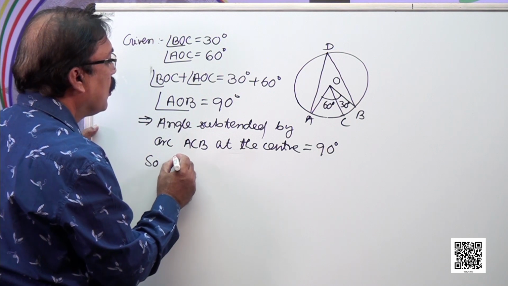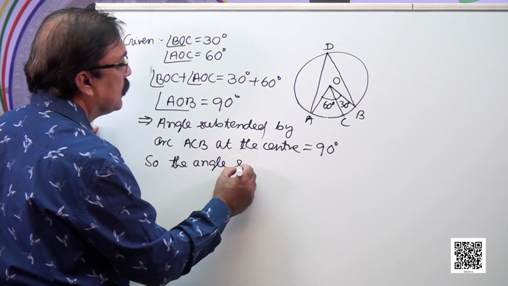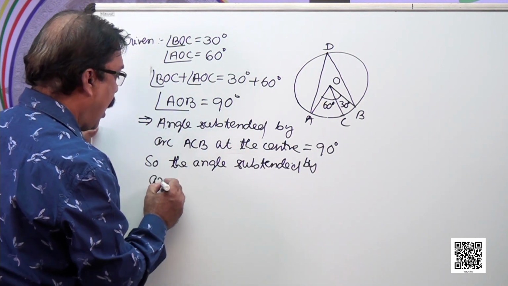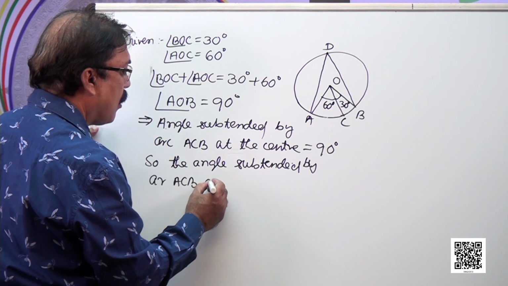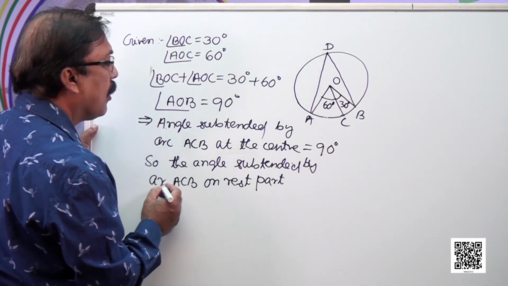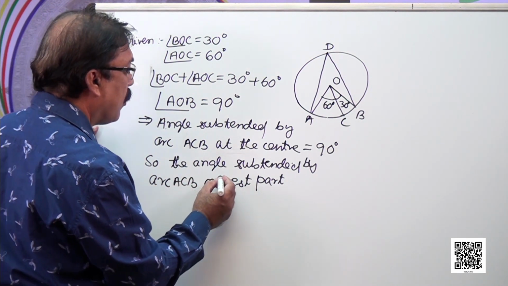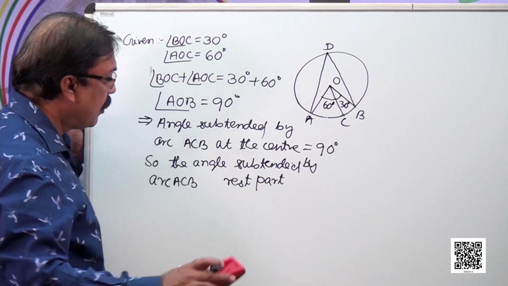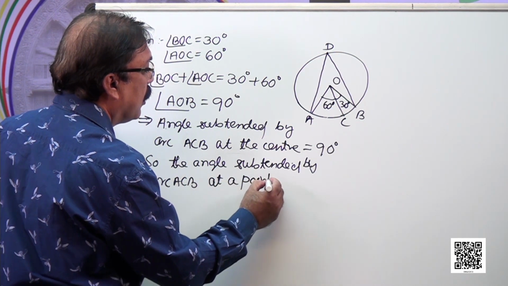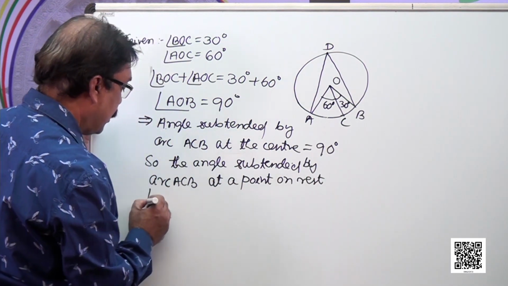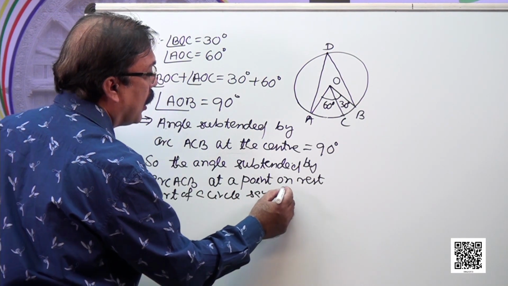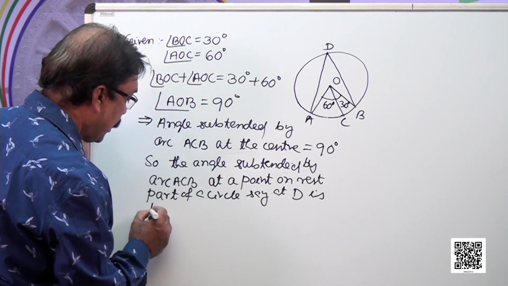So the angle subtended by arc ACB on the rest part of the circle, say at D, is half of it.